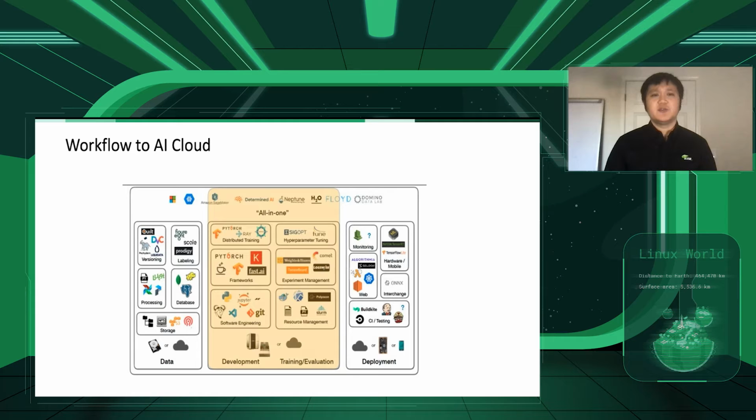So eventually, it will become an architecture design like this, the AI cloud. Compared to a normal cloud, the big difference is actually the center part here: the AI platform like TensorFlow, PyTorch, Fast AI, and so on.